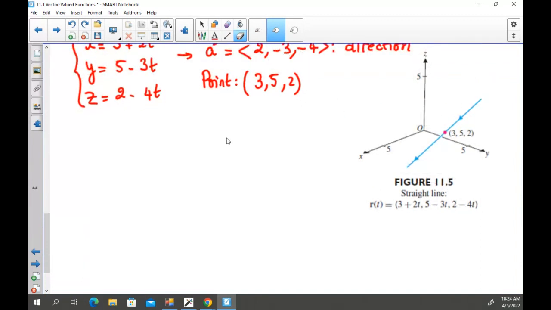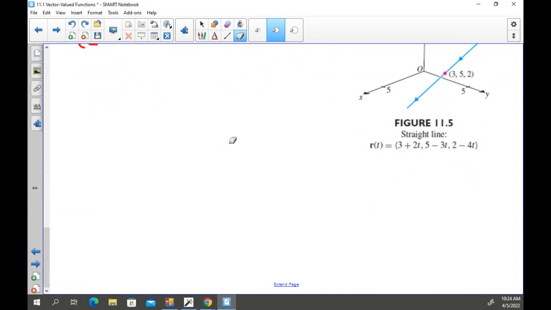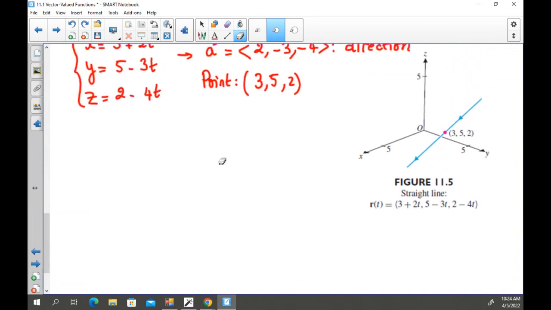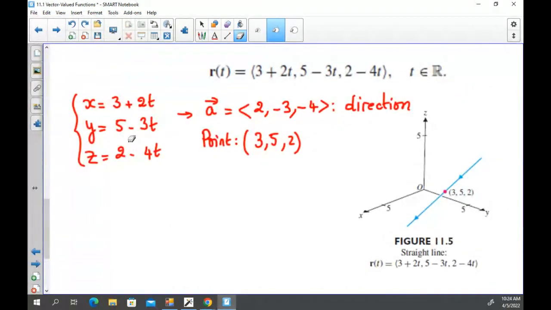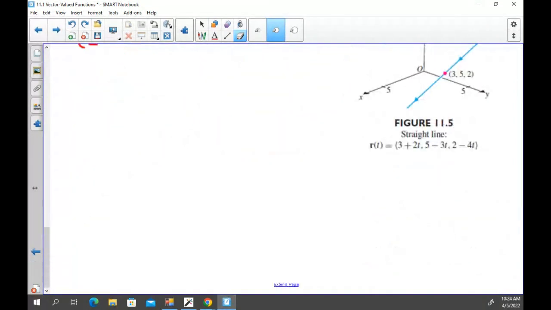So you get this line here. Are we okay with this? So graphing is not so easy here, but at least you should know that it is a line. The direction of this line is the vector 2, minus 3, minus 4, and the line goes through the point x equal 3, y equal 5, z equal 2.